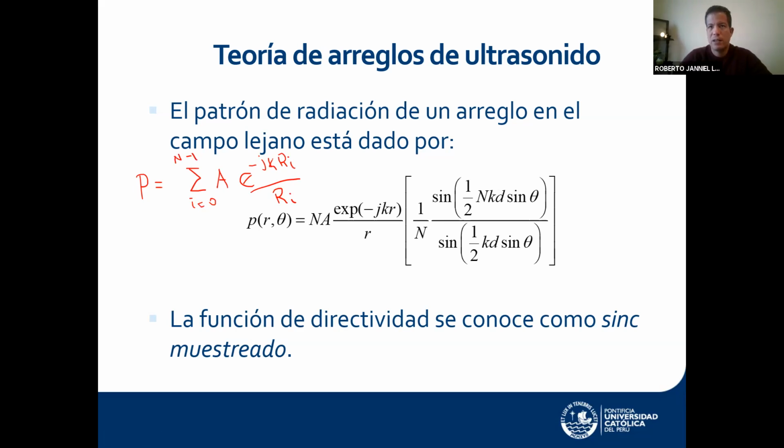And hopefully you guys recognize what this is actually saying, right? It's saying that every point source in the array is going to be fired at the same time, right? Because they all apparently are fired at the same time. And the overall pressure field is going to be the contribution of capital N point sources, right?